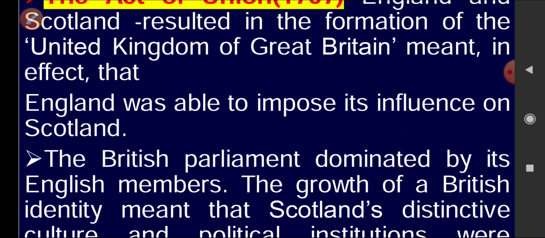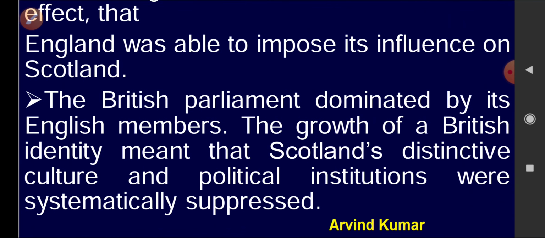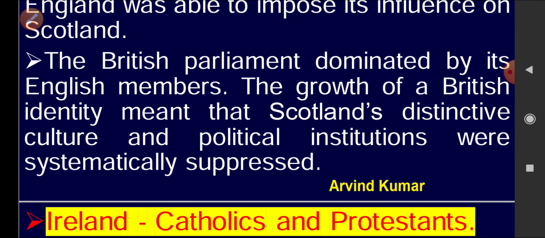Then the British Parliament, dominated by English members, meant the growth of British identity, and Scotland's distinctive culture and political institutions were suppressed. Meanwhile, they were not given any importance in the nation. Only the English language was preferred in Scotland.